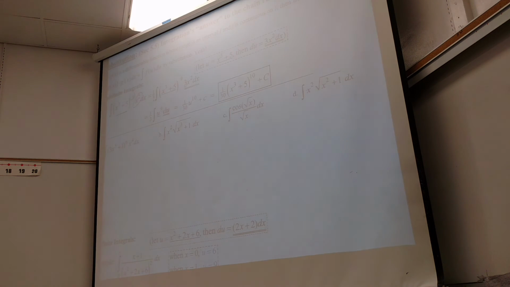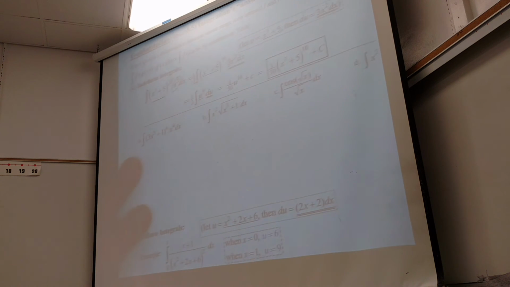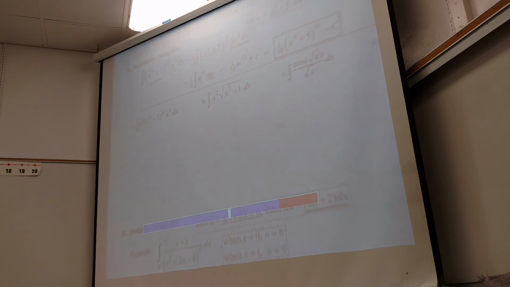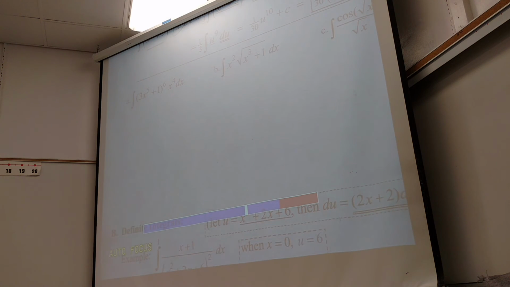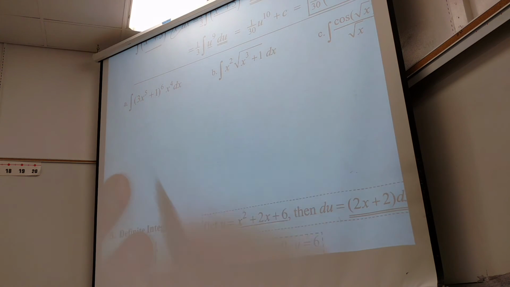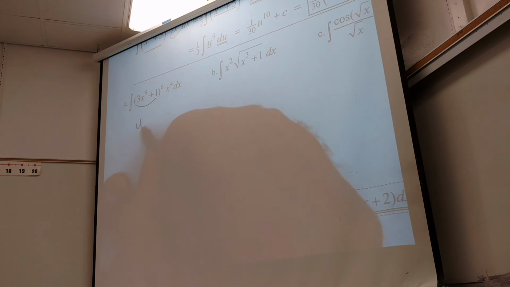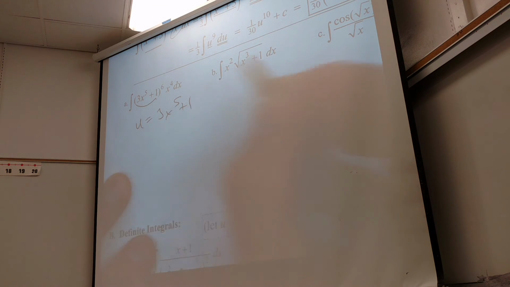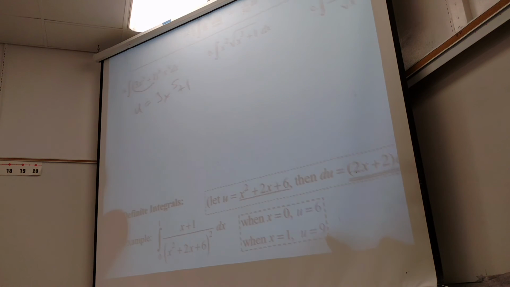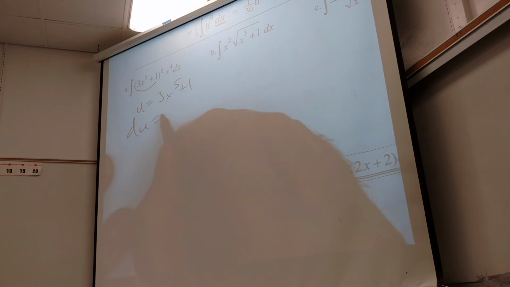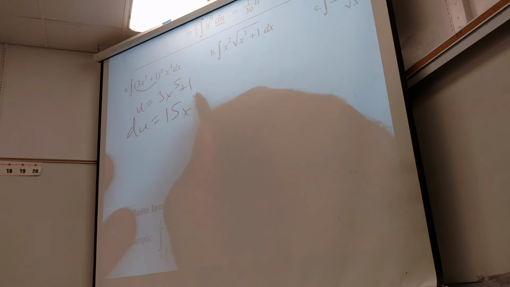Hopefully. So, let me get to John's questions before he goes crazy. So here, what would happen on this first one? So substitute. What's on the inside? 3x to the 5th. Good. So if I let u be 3x to the 5th plus 1, what's du? 15x to the 4th.